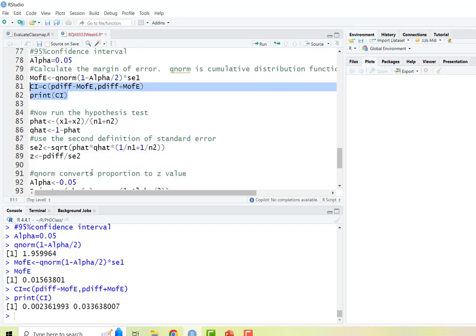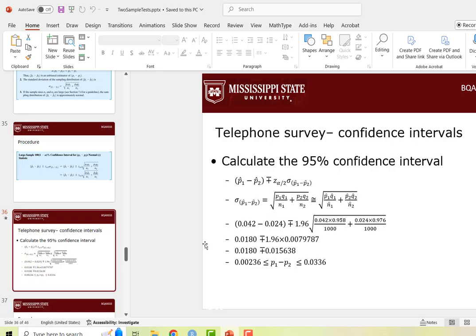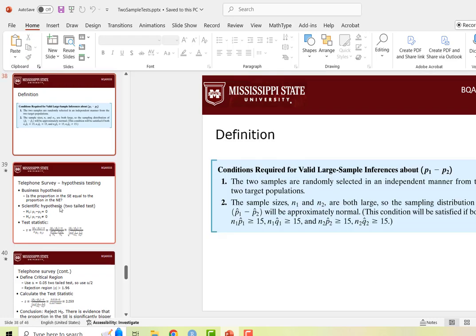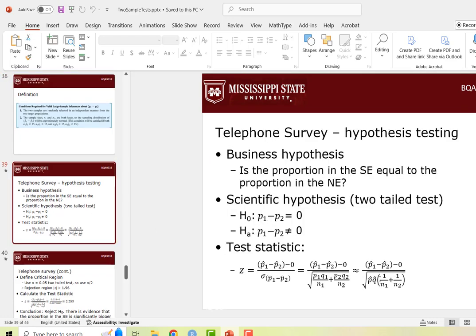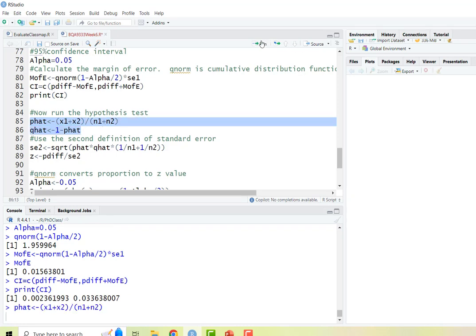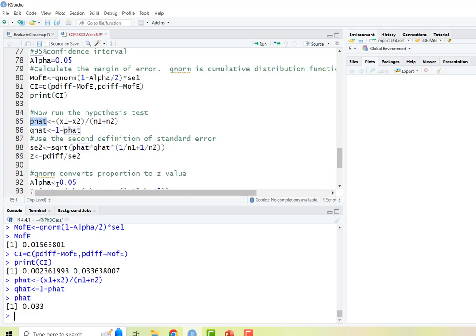Okay, so now do the hypothesis test as before. Now we're going to use the combined test where we have p hat. So we calculate p hat and q hat, and then multiply by 1 over n1 plus 1 over n2. p hat, for example, was 0.033 as we calculated in class.